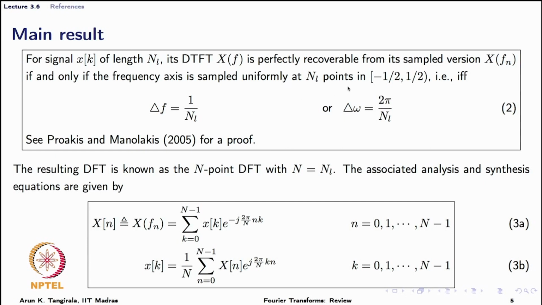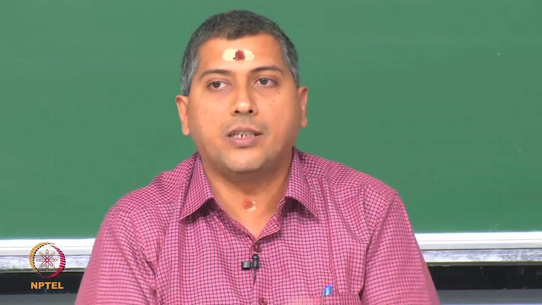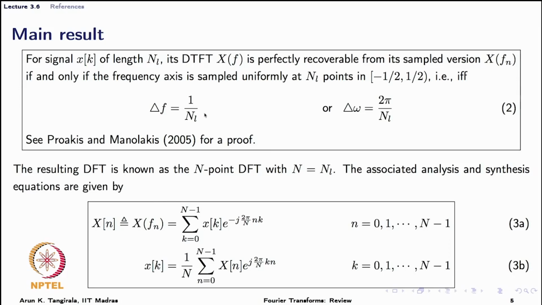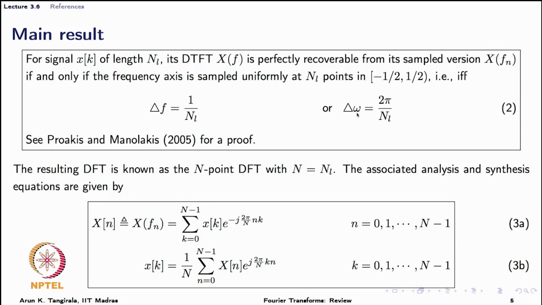Of course, we are only going to sample in the fundamental frequency range. That situation does not change because we are still dealing with discrete time signals. So, in terms of the cyclic frequency, the grid spacing is 1 over N. In terms of the angular frequency, the spacing is 2 pi over N_l.